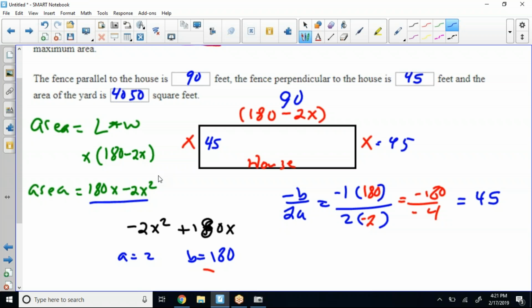Even if I took 45 and plugged it back into here, I still get 4,050. So if I took 45 and plugged it into that X and that X to find the K value of the vertex, I'd still get this answer.